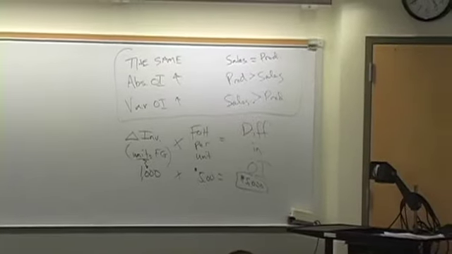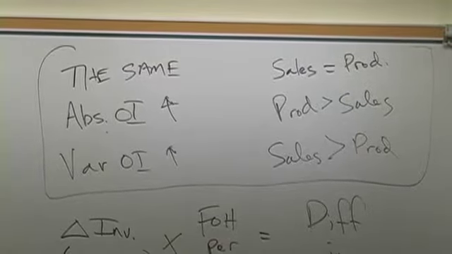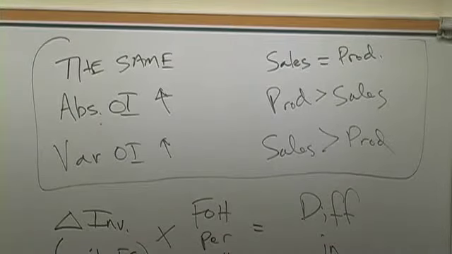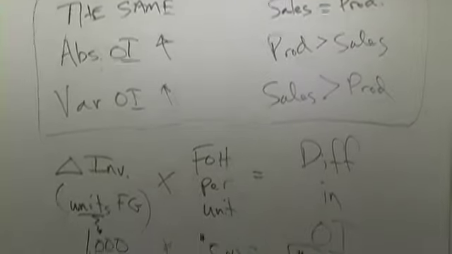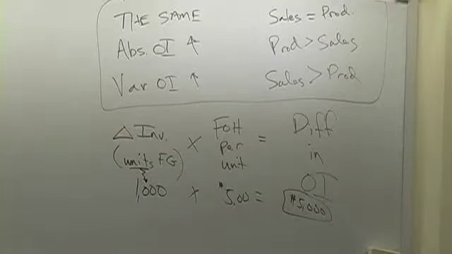So when production is greater than sales, which income statement format would you expect to be higher? Absorption. By how much? $5,000. We could have calculated income once we got this number.